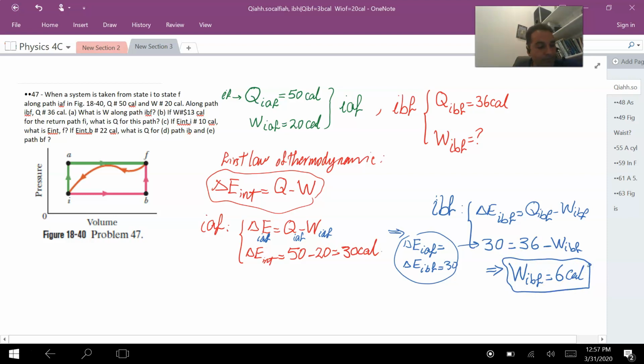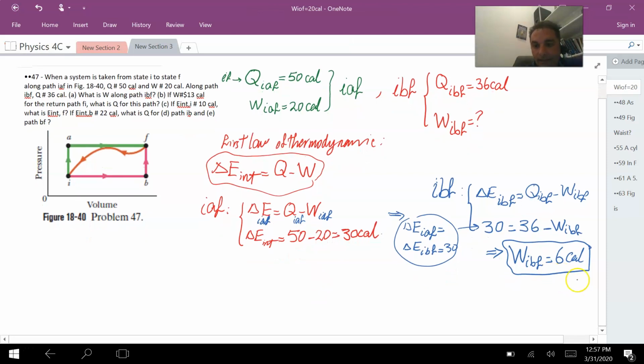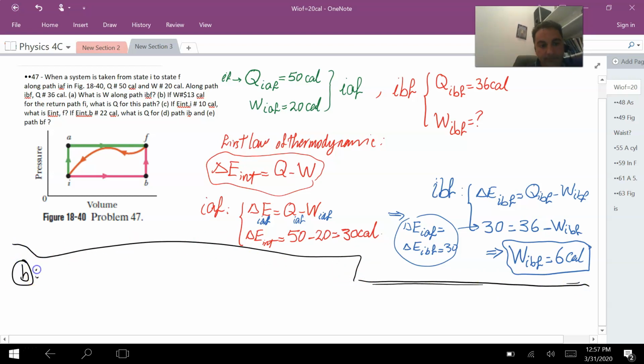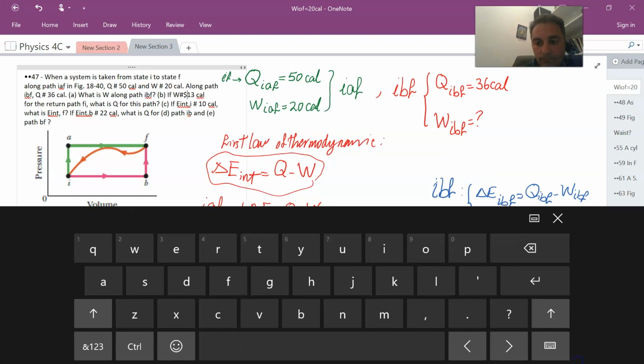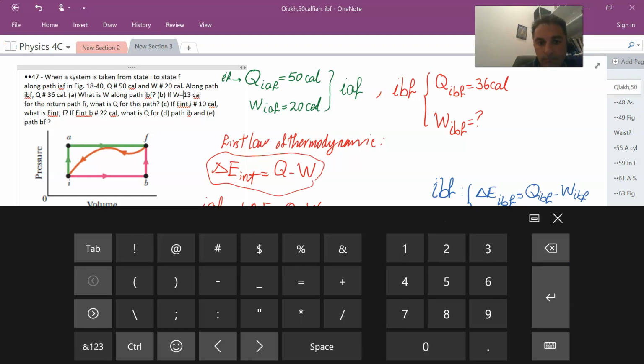This is part A, what it says, part B. If W is equal to 13 calories, so that's the equal.